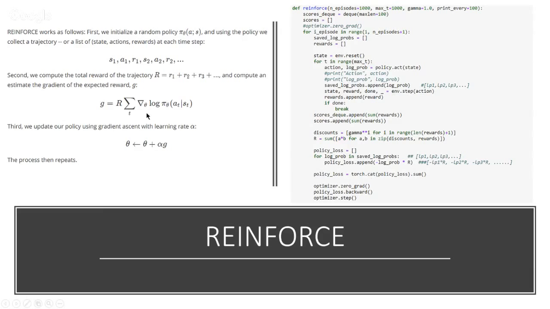Then we have to compute its gradient and change the parameters using the gradient. All that is done in these three steps. Optimizer.zero_grad makes all the gradients zero, not the parameters zero, all the gradients zero, and then we do this backpropagation, that is taking the derivative of this function with respect to each parameter in the network, each weight in the network.